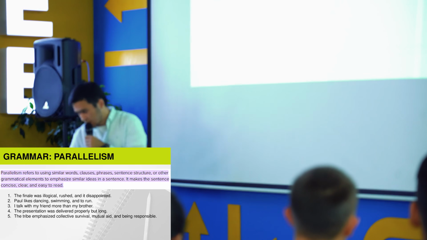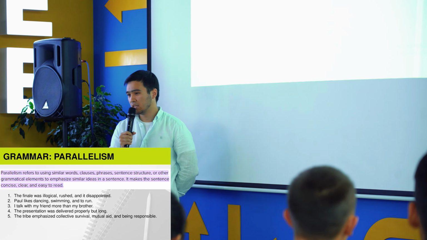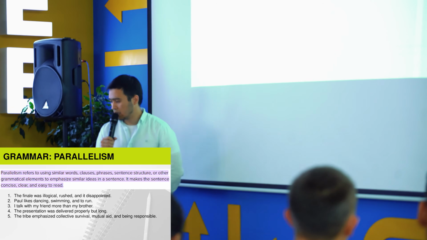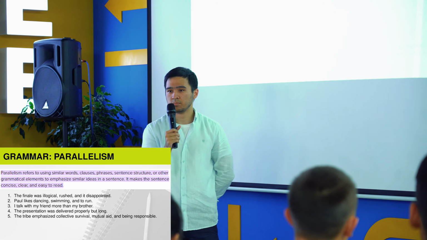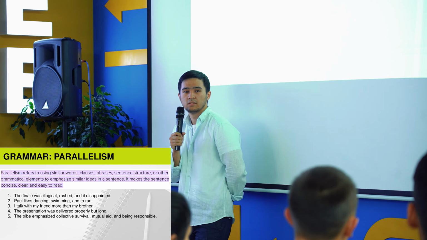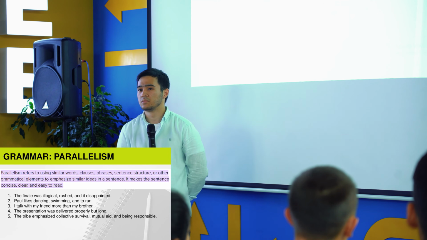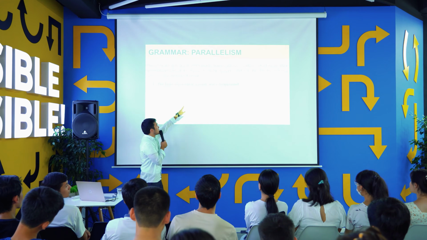So let's see. 1. Look at the ending after to be. Illogical, rushed, and it disappointed. What's wrong with it? Any idea? So what are the first two words? Illogical.